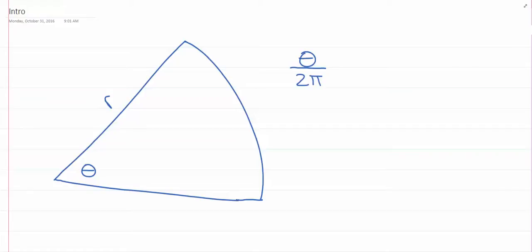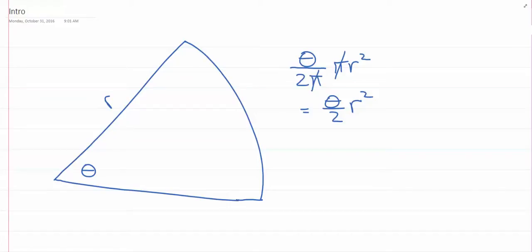And our particular thing that we're looking at is area, so it's the fraction of pi r squared. The pi's divide out, and what you're left with is theta over 2 times r squared. So if you give me the angle and the radius of the circle, I can give you the area of the sector of the circle that we're dealing with. Okay, so that's something we need to keep in mind.